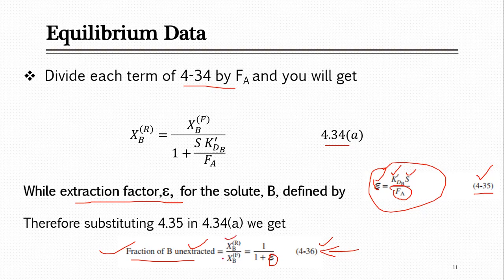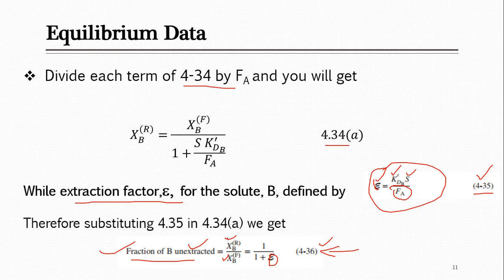XBR and XBF. If you remember, we just defined XBF in the start. XBF was actually mass ratio of B with respect to your A carrier. So XBF we have defined in the last slide before this. Just look at that main equation.